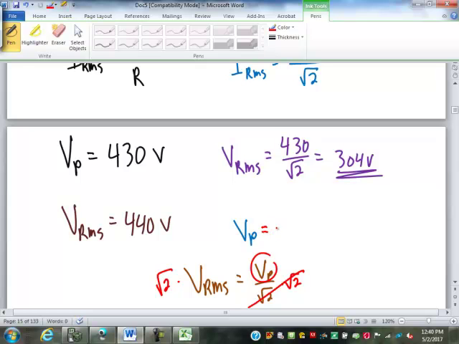So the peak voltage is going to be the square root of 2 times the RMS voltage. So it's going to be 440 times the square root of 2, or 440 times 1.414. What's that come out to be? Should be like 622 volts.